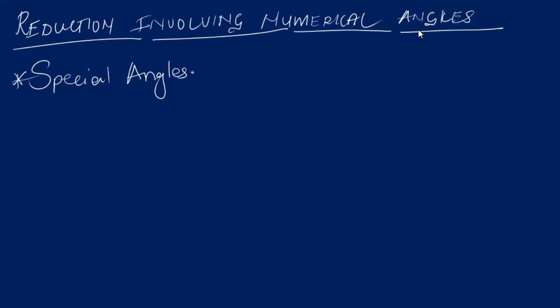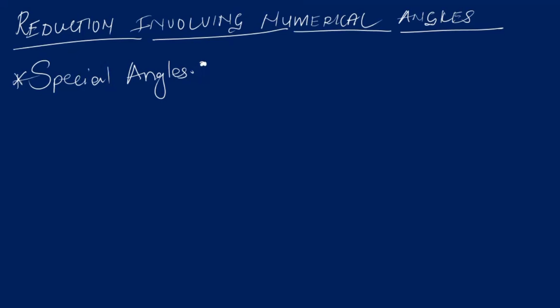So, special angles, the reduction involving numerical angles. Now we are reducing, but how are we reducing? With numerical angles. Now, here's what happens. You need to know the values of all the special angles. How?